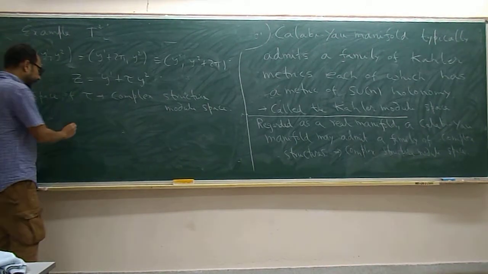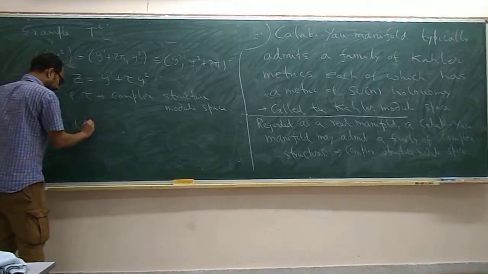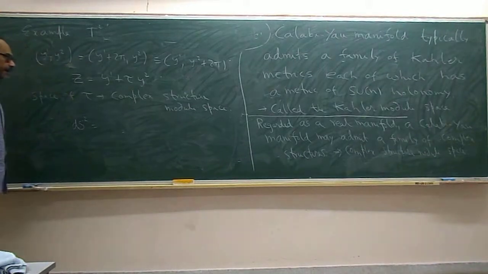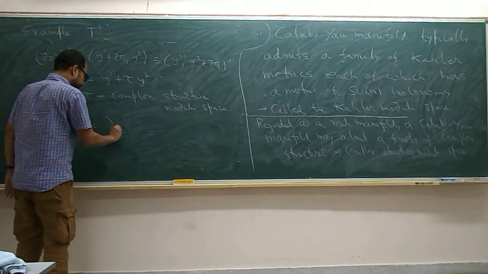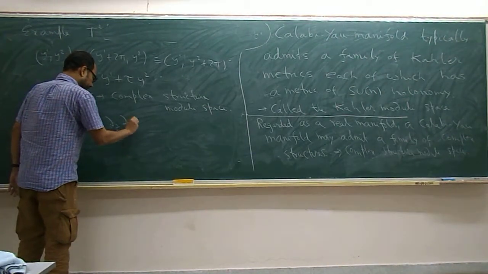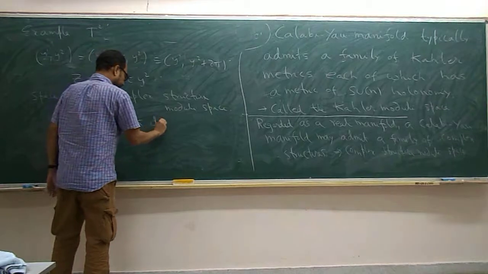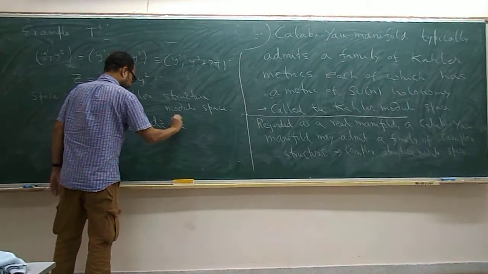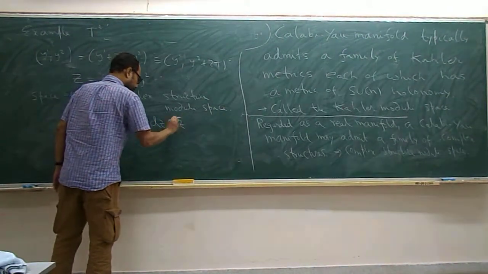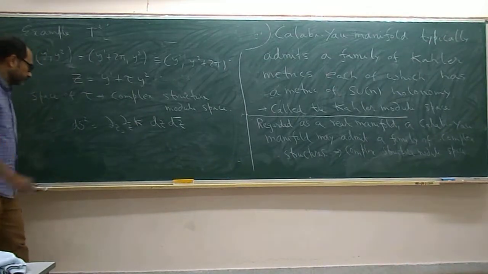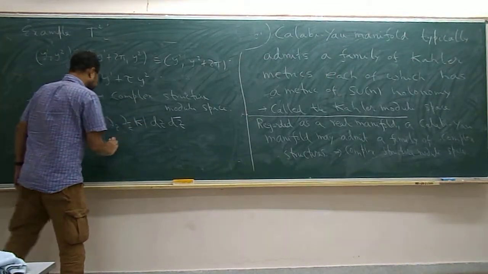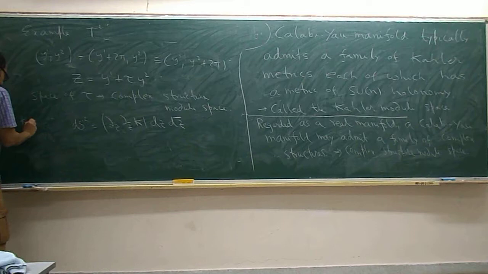So now the metric, a Kähler metric for a given choice of z, locally must be writable as del z del z bar K times dz dz bar. This is a Kähler metric.